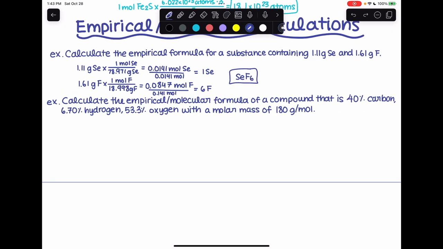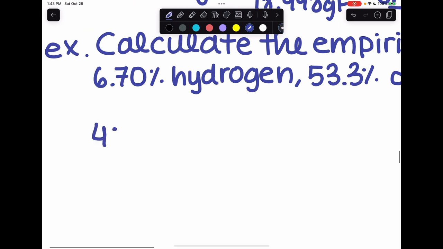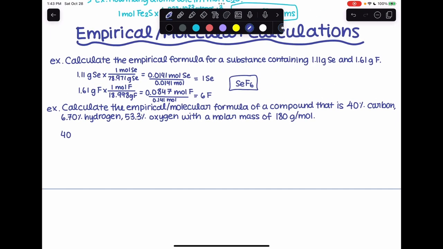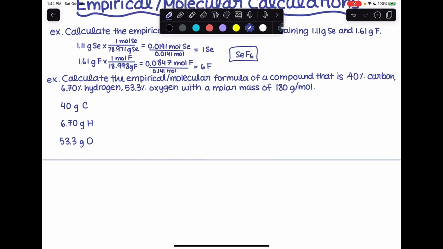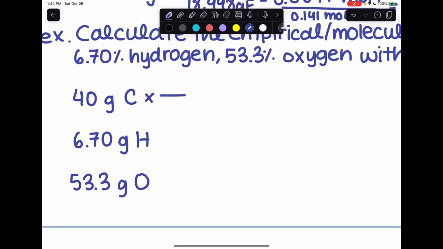The easiest mass to use is 100 grams. So let's just assume that there's 100 grams of compound, and it won't matter because there's going to be the same ratio anyway. The only reason that this is easier is because you can just use the percentages as the grams. Okay, so again, we're going to do the same process.